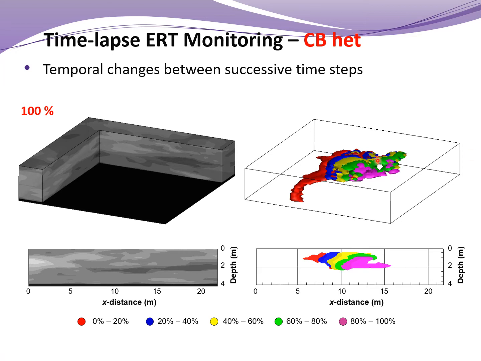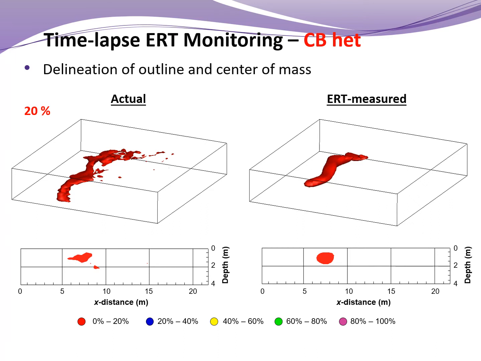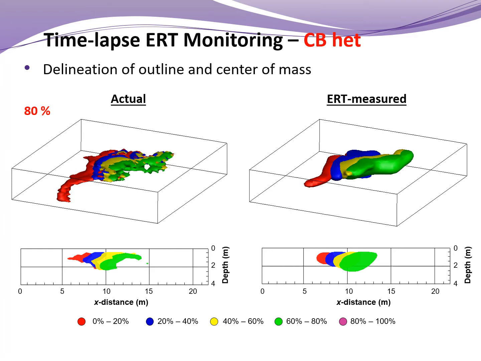So again, we can nicely highlight using this iso-volume here or this cross section here exactly where the DNAPL has been removed. And moving that now to the left hand side, which is the actual DNAPL remediated versus what surface ERT has measured over time. You can compare actual to ERT measured, and again compare the evolution of the DNAPL source zone over time as it's being remediated.